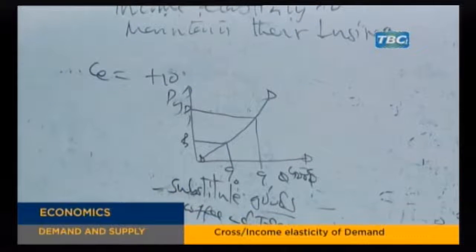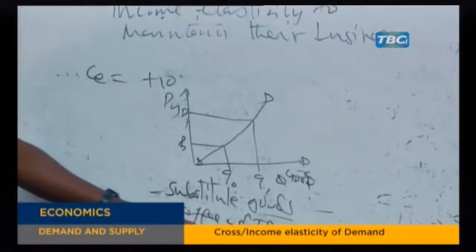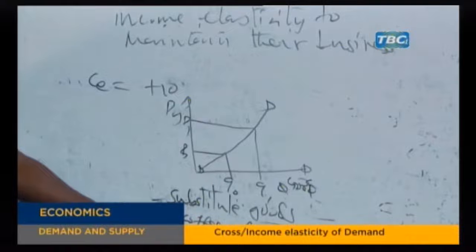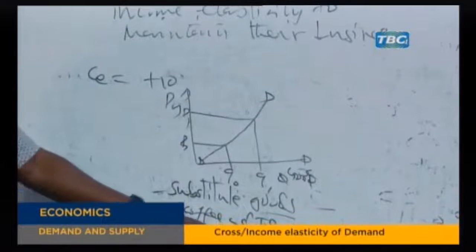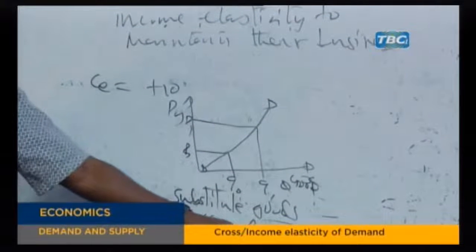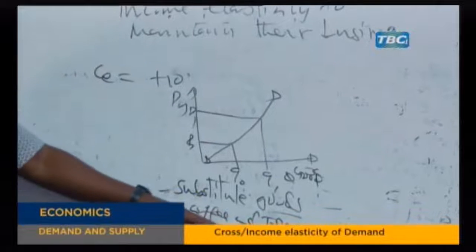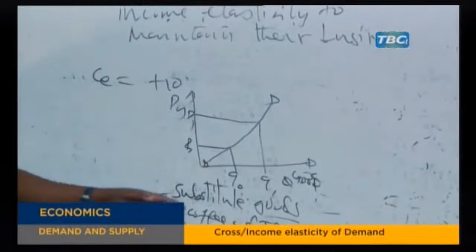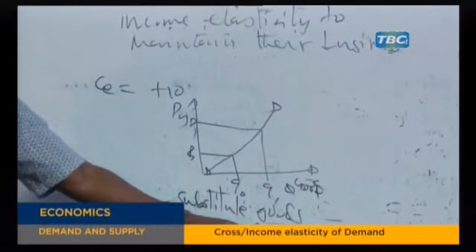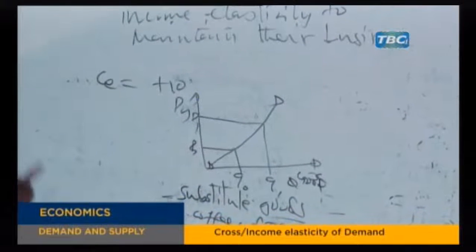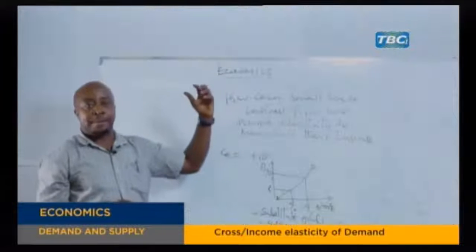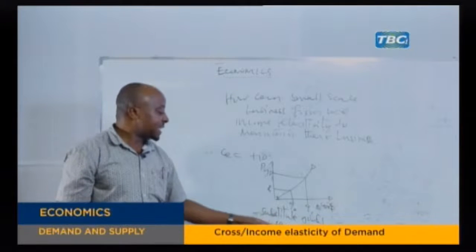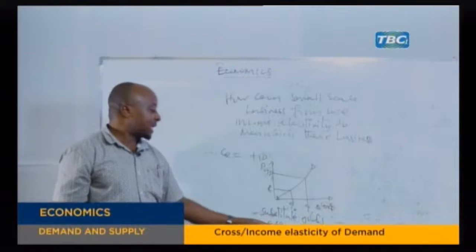So in the market, when the price of coffee increases, because they have the same use, we expect customers to run away from buying coffee. They are going to buy what? Tea. So the sellers of coffee will lose customers because the price has gone up. These customers will learn to buy tea. Therefore, the quantity of tea will increase because the price of coffee has gone up. This is, as we said, for this kind of cross elasticity of demand.